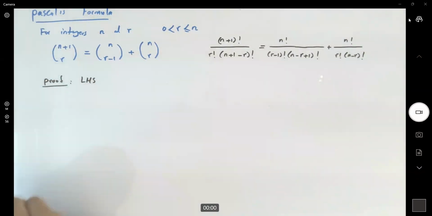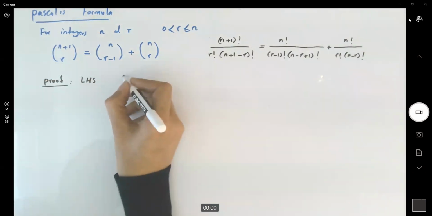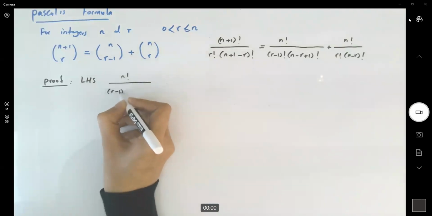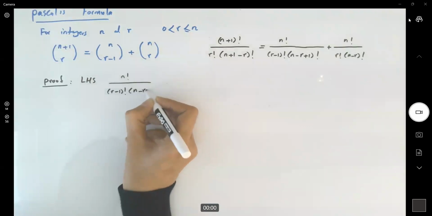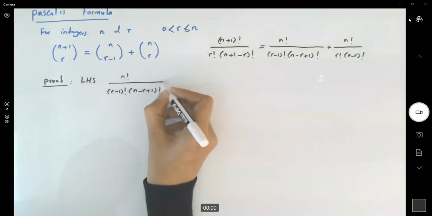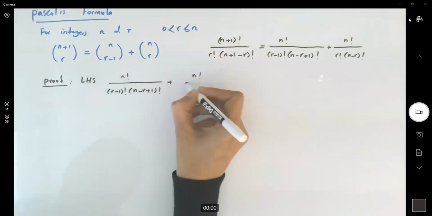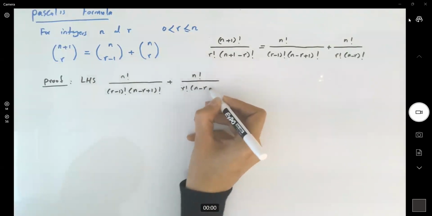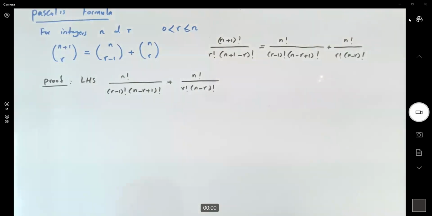From the right-hand side, what do we have? We have n factorial divided by (r minus 1) factorial (n minus r plus 1) factorial, plus n factorial divided by r factorial (n minus r) factorial. So we want to combine these two fractions.